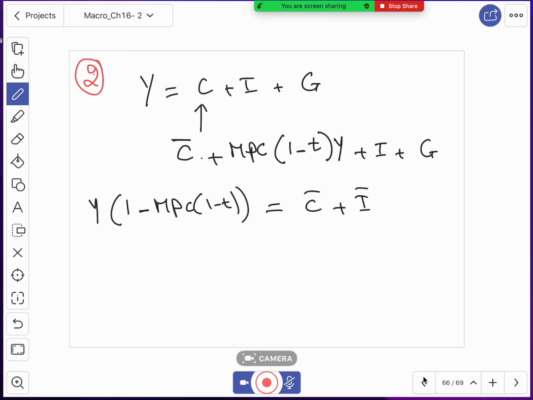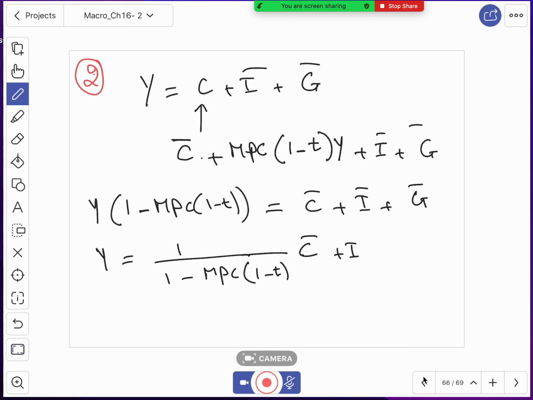We can add the bars all the way because these are autonomous spending, right? And then g bar. And then we can write y is equal to 1 over 1 minus MPC times 1 minus the tax rate, multiplied times c bar plus I bar plus g bar.